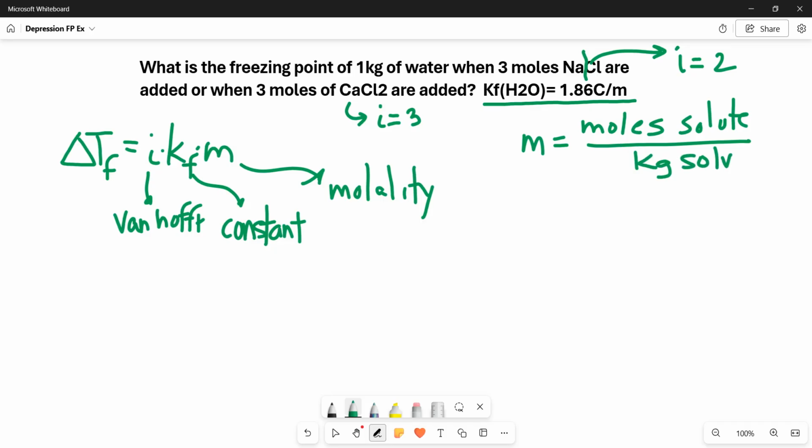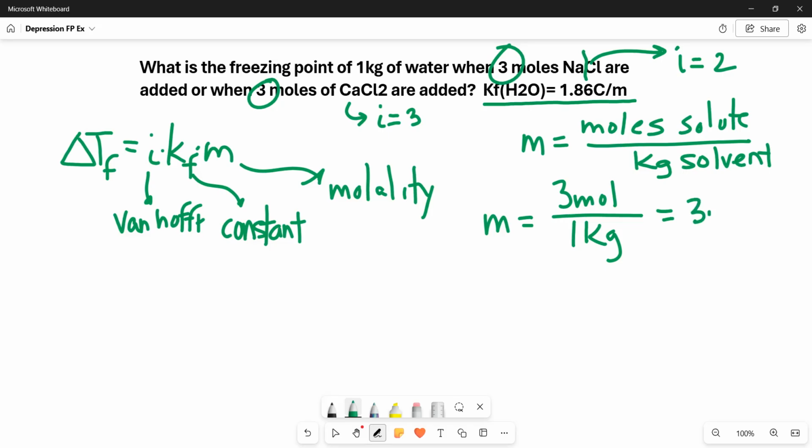So let's go ahead and calculate the molality. In both cases, we're doing 3 moles. So it doesn't matter whether we're calculating sodium chloride or calcium chloride. They're going to have the same molality. So molality is going to be 3 moles all over 1 kilogram. So molality in this case is 3 m.